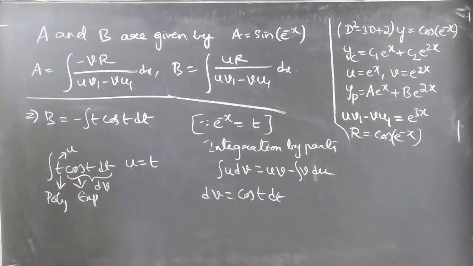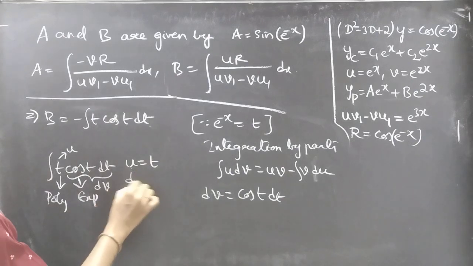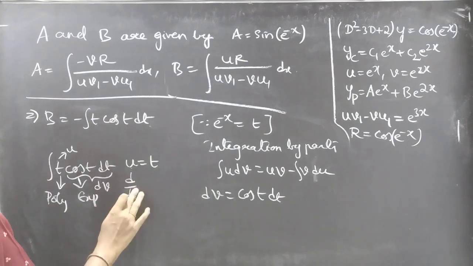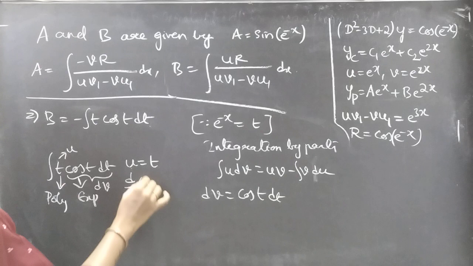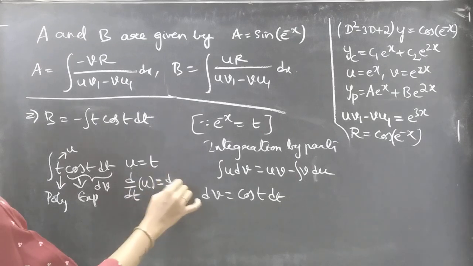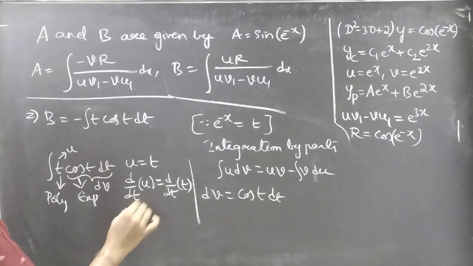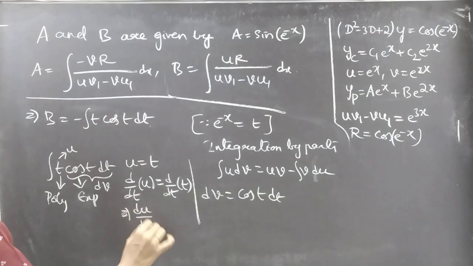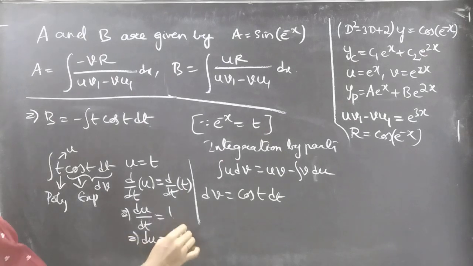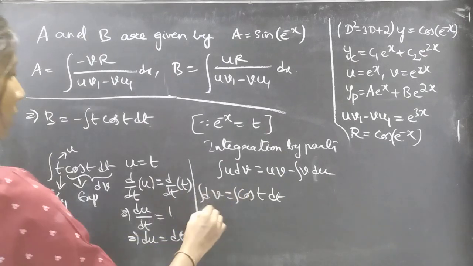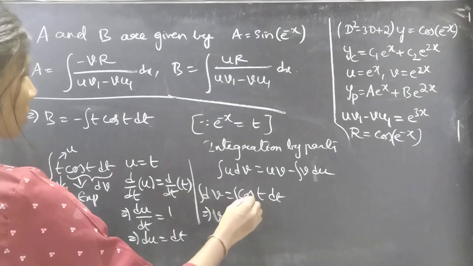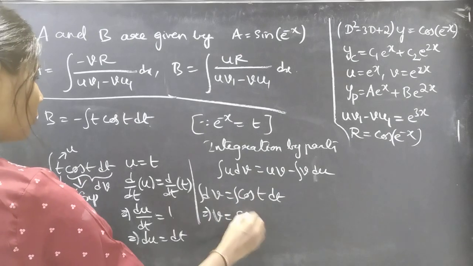Now differentiate on both sides with respect to t, then we'll get the derivative of u with respect to t equal to the derivative of t with respect to t, which is 1. From this we'll get du equal to dt. Here integrate on both sides to find v, and we'll get v equal to the integral of cos t dt, which is sin t.